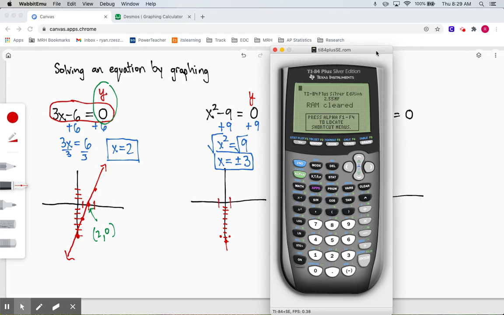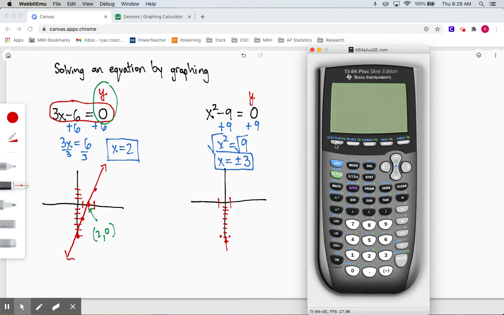That is actually what I'm going to do right here, showing you with one of these graphing calculators. You would go to y equals up in the top left, and you can type in x squared minus 9. If I do that and graph this equation, you're going to see a parabola, just like we've talked about here. And if I start using these arrow keys, I can get a little cursor.